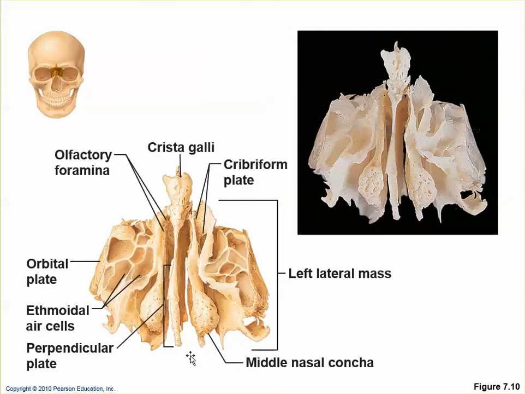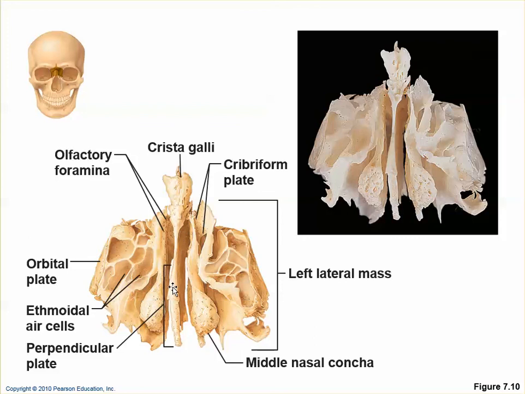It looks like this. Air passes through here. These are all sinuses. This makes up the lateral side of the nasal passage, but the medial side of the orbits. So this is the wall between your eyeballs and your nose.